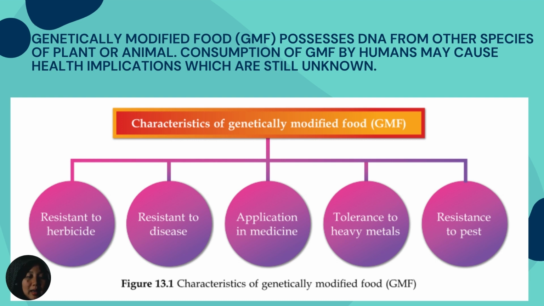Kalau herbicide ni plants lah, resistant to herbicides, lebih tahan daripada tumbuhan perosak, resistant to disease, tahan daripada penyakit, applications in medicine, and also tolerance to heavy metal and resistance to pest. Okay, ini adalah ciri-ciri makanan yang telah diubah secara genetik.